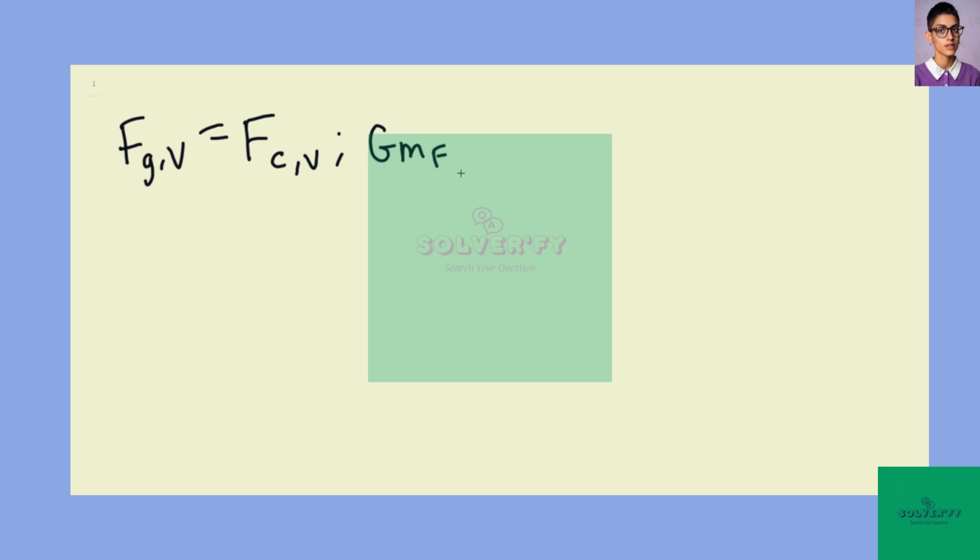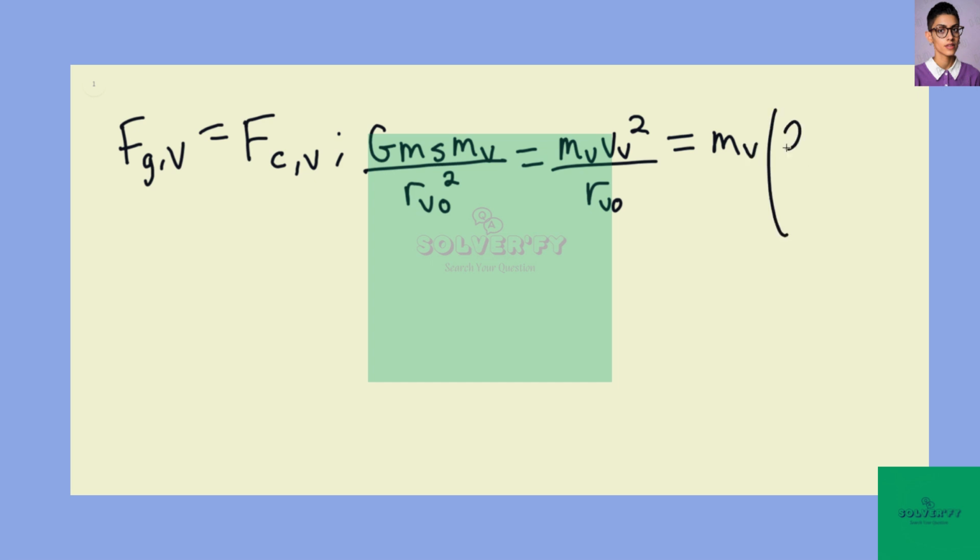So we can say that G times the mass of the Sun times the mass of Venus divided by the radius of Venus's orbit squared will equal the mass of Venus times the velocity of Venus squared divided by the radius of Venus's orbit. So this is going to be equal to m_V times (2 pi r_VO divided by the period of Venus) squared divided by the radius of Venus's orbit.